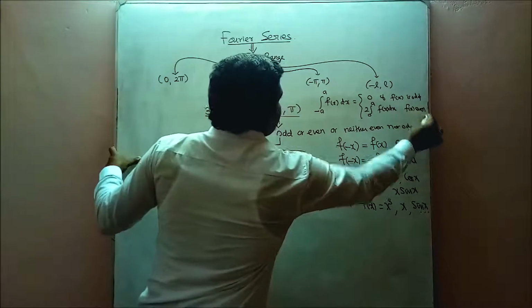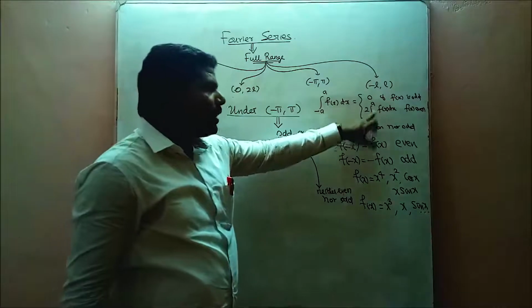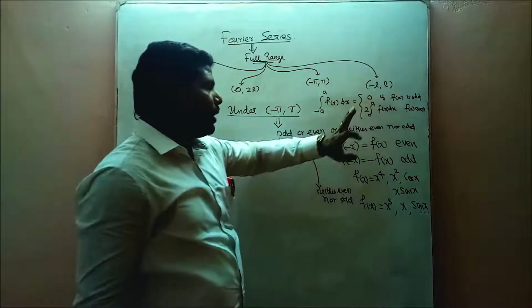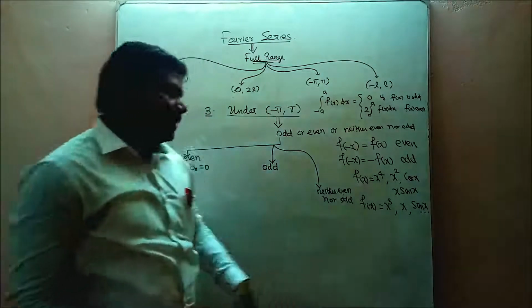So even இருந்துச்சுன்னா minus a to a f of x dx, 2 into 0 to a எழுதலாம். f of x odd இருந்துச்சுன்னா 0 போடலாம். இந்த minus a to plus a க்கு தான் இந்த property satisfy check பண்ண முடியும்.